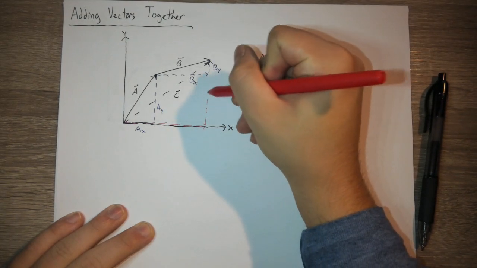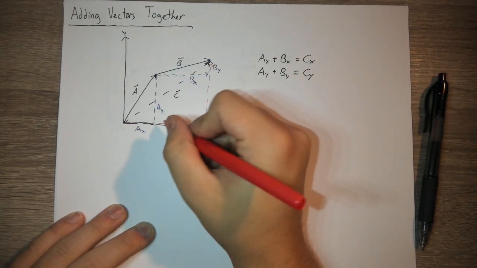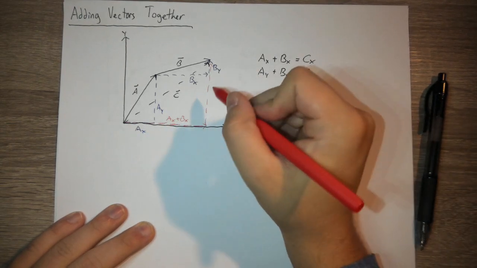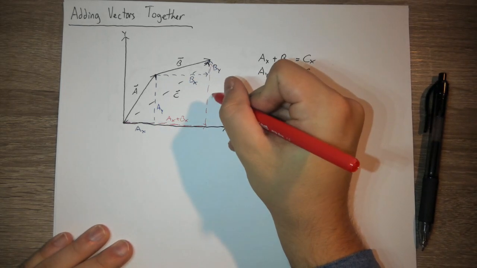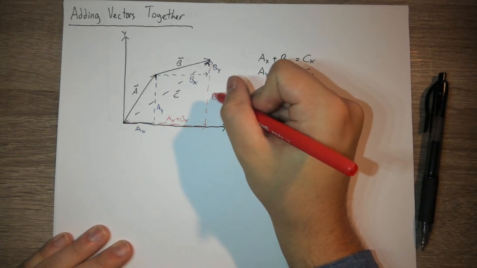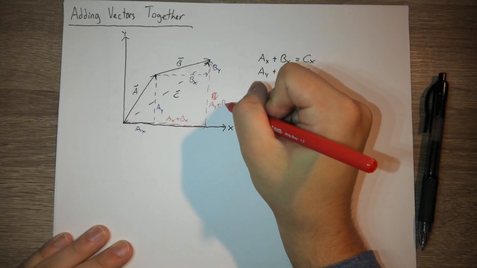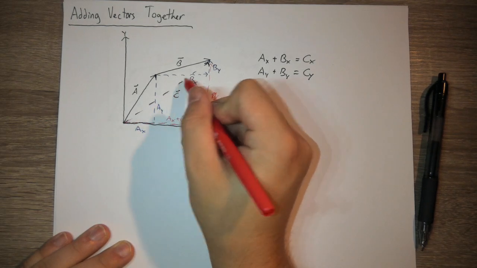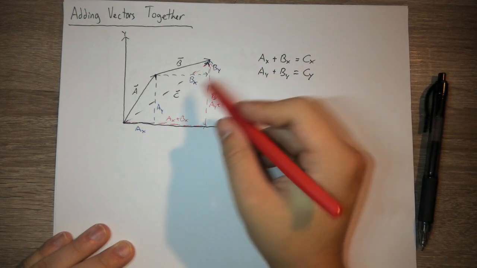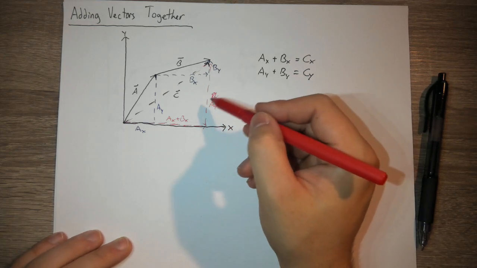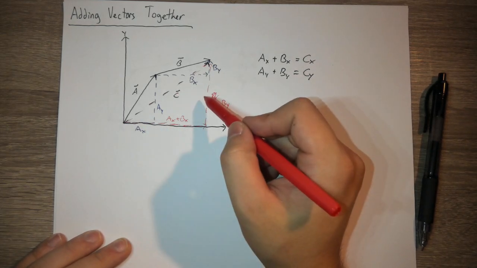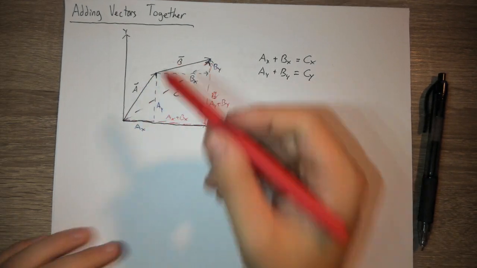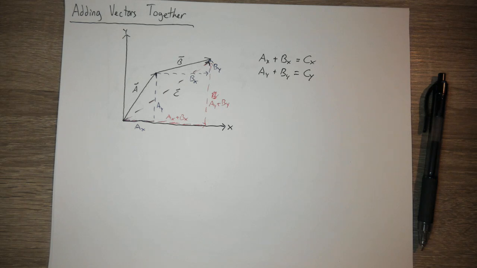and you get this. So this red is ax plus bx, and then ay plus by. Now note that these are just the components of your resultant vector. So it works out that you just create one large right triangle out of the two smaller ones that make up the other vectors.